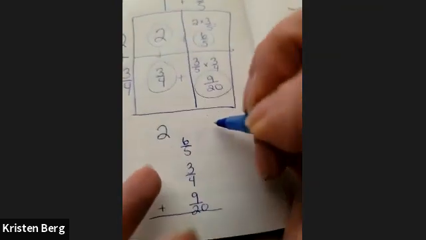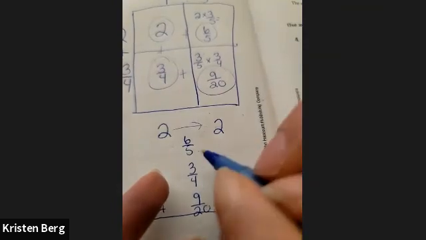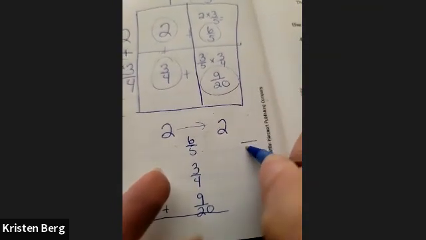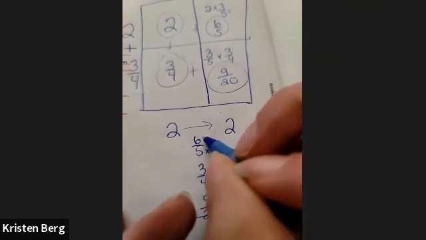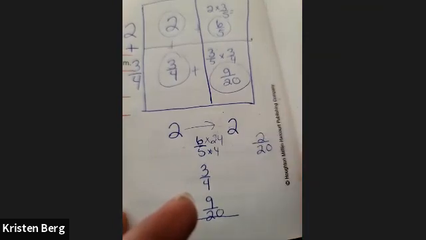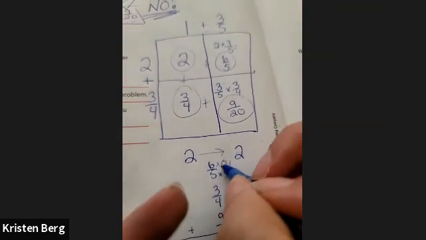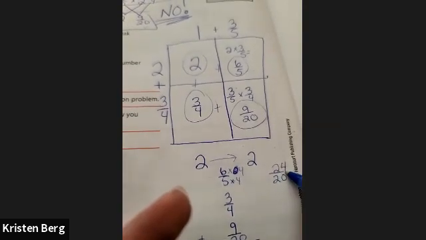So what I'm going to do is bring my whole 2 over. There was nothing wrong with that. Now, how would I change a 5 to 20? I would times it by 4, and I would times the top by 4 as well. So that would be 24/20.